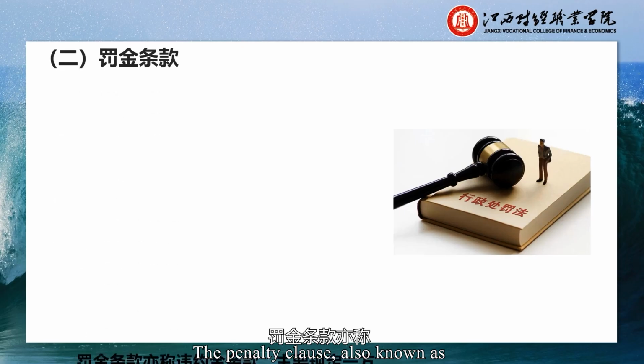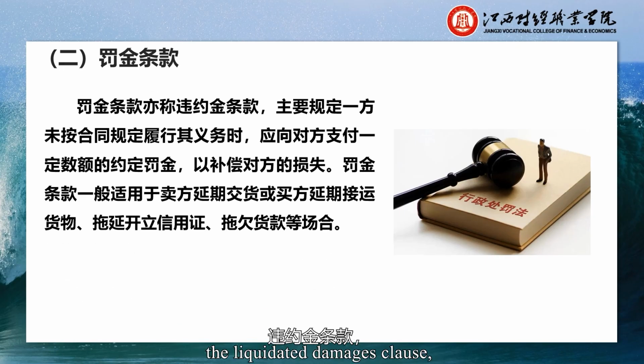The penalty clause, also known as the liquidated damages clause, primarily stipulates that when one party fails to fulfill its obligations as per the contract, it shall pay the other party a predetermined amount of penalty to compensate for the losses incurred.